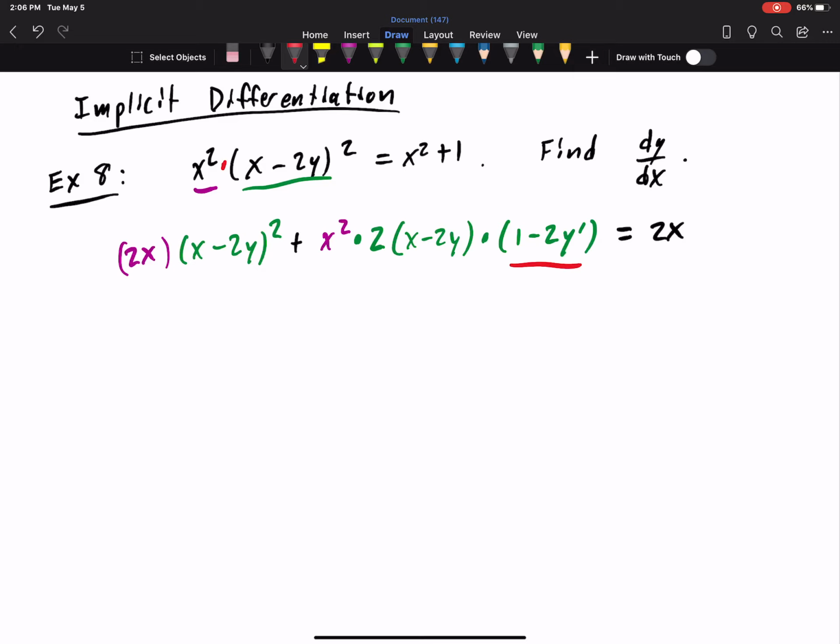Just leave it locked inside the parentheses, because it'll be easier to solve for y prime later once we get all of our non-y prime stuff over to the right-hand side. So for the time being, we're going to subtract 2x times the quantity x minus 2y squared from both sides.